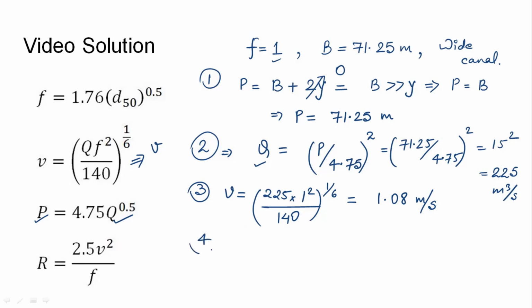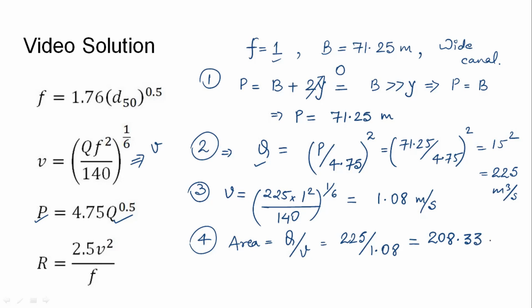Since we have the velocity now, we can find the area of flow, which will be discharge over velocity. So discharge is 225 and velocity is 1.08. This would give 208.33 square meters. The last step: now we have the area, the speed and the discharge.